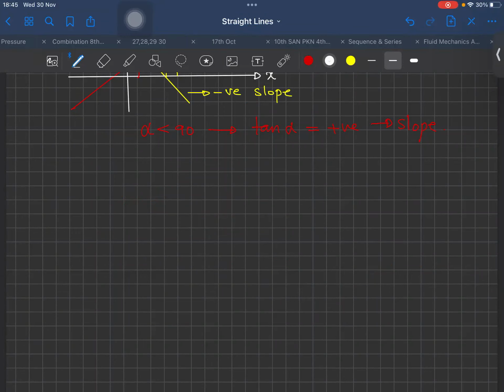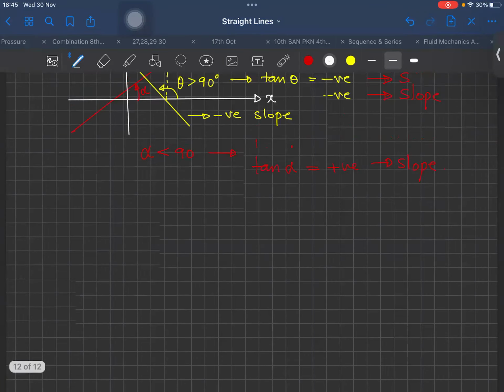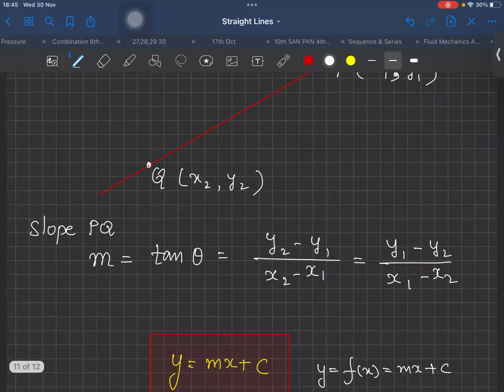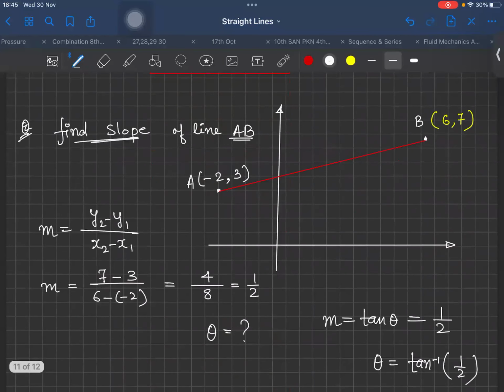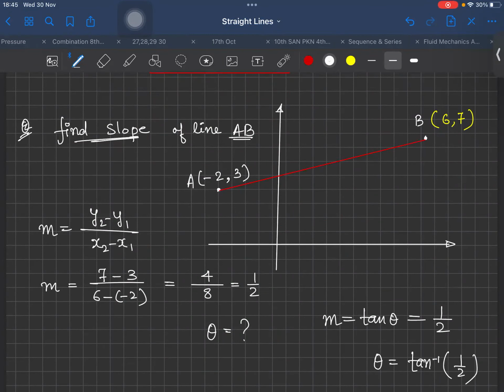Okay, anyway. Now write down the equation of straight line. This was when 2 points are given to you, right? If you know 2 points, point A and point B, you can find the slope.